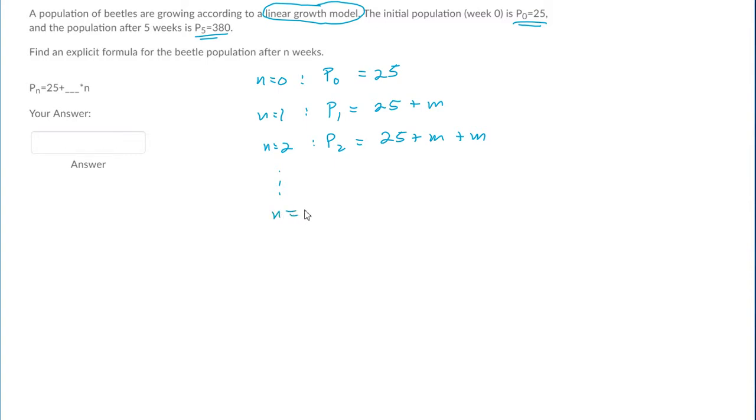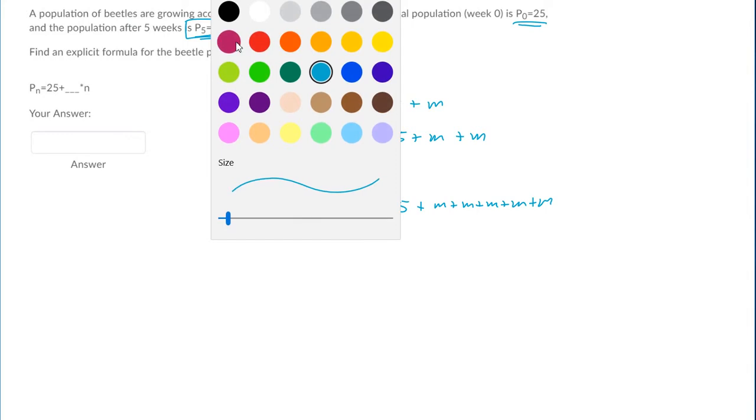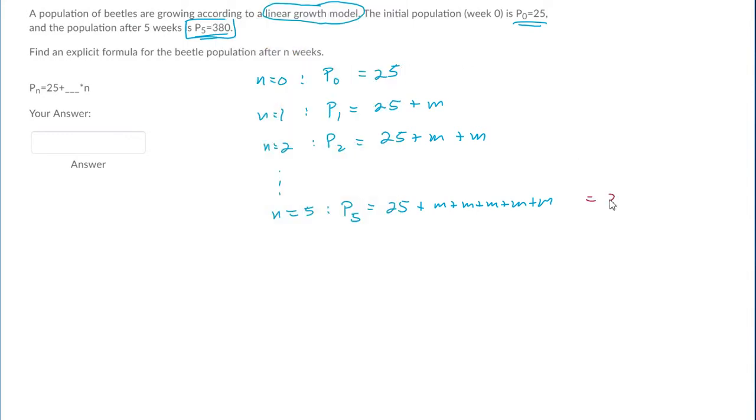Why am I going to 5? Because that's where they gave me some more information. My population at time 5 will be my starting amount plus how many copies? 5 of them, right? In fact, we can write this using multiplication. This is really 25 plus 5 copies of the m.